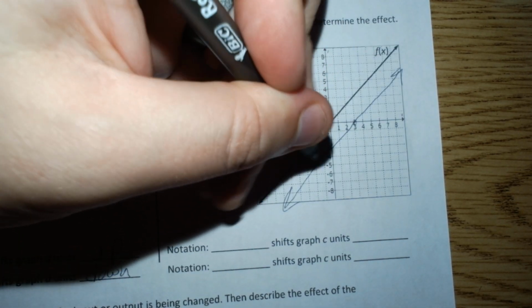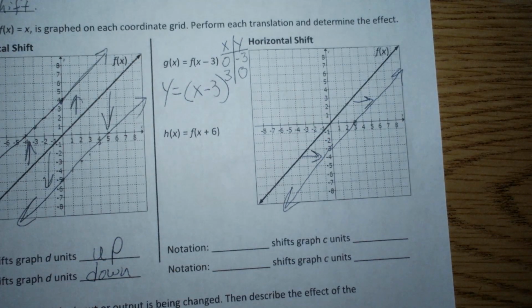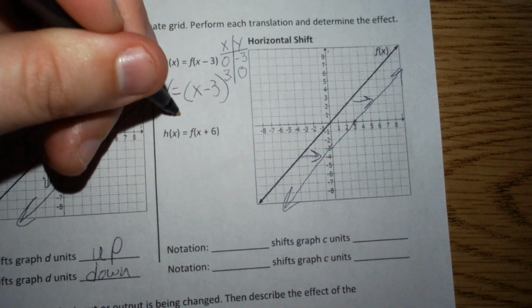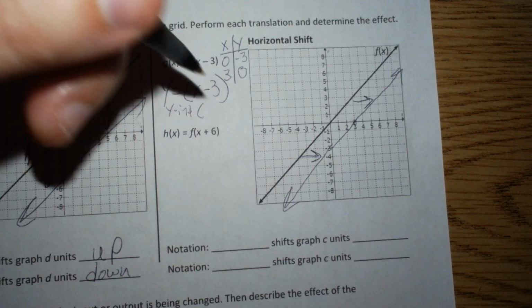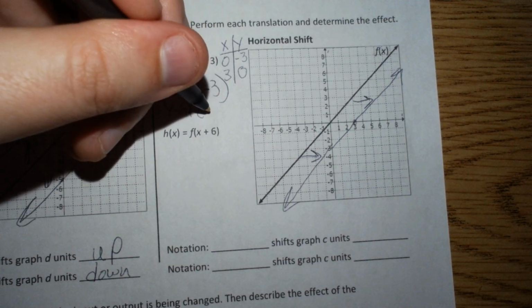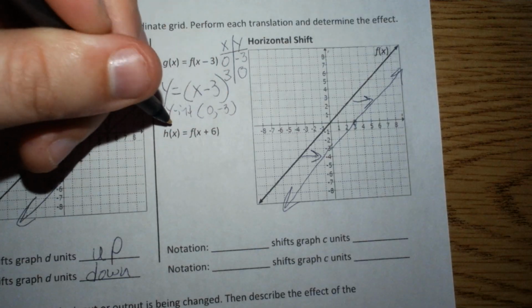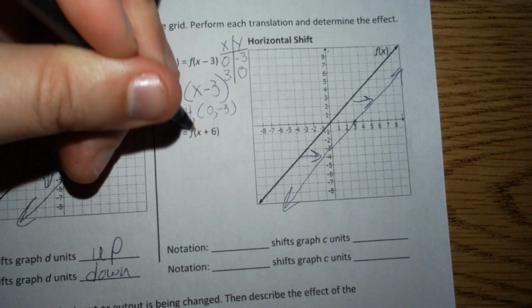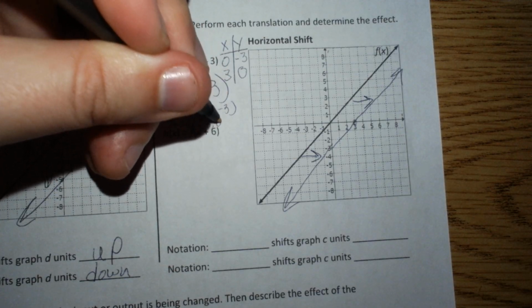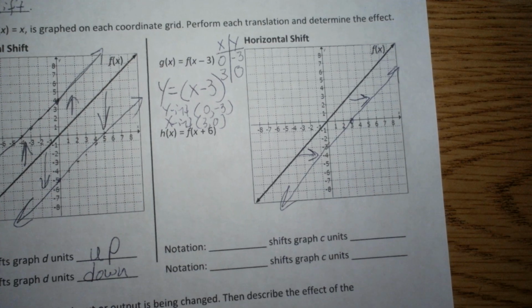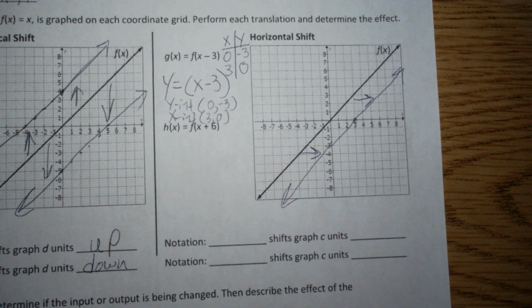And so it's shifting it to the right. So my y-intercept would be the 0, -3. X-intercept would be 3, 0. Okay, so it shifts it kind of the opposite of what we would expect.